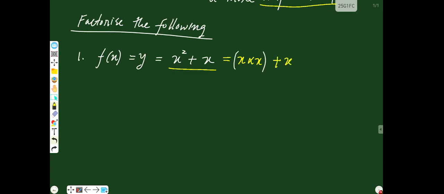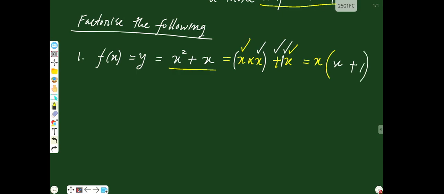So what is common here? x and x are common. So if you take x out, then you have this x remaining and this plus, and then here you have 1 which is invisible, and that is what you are going to have here.